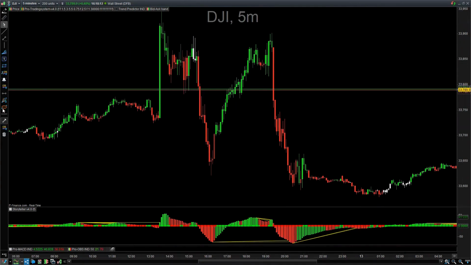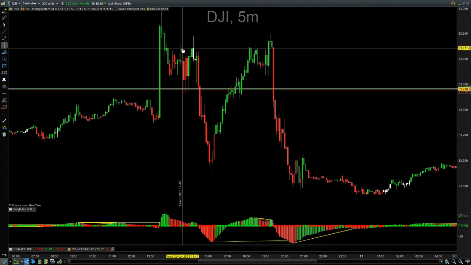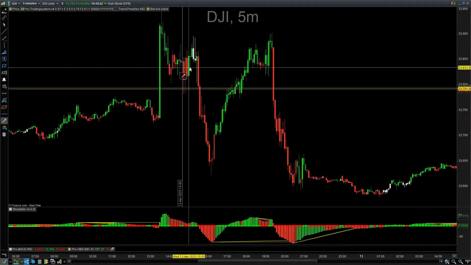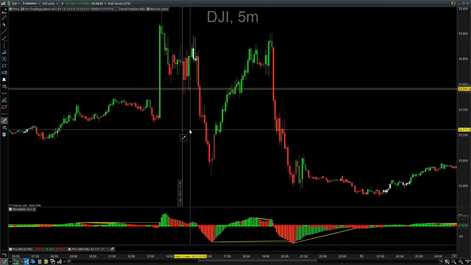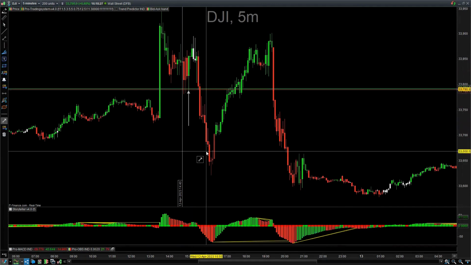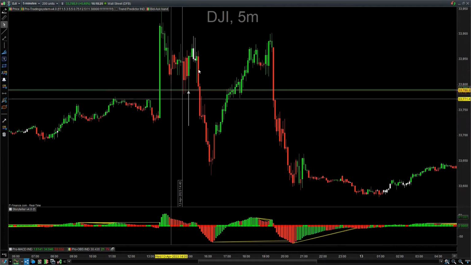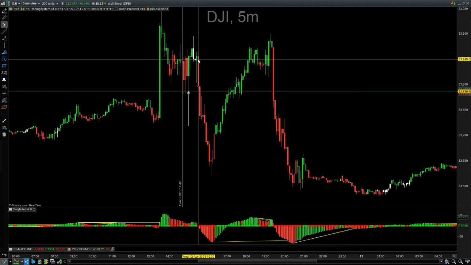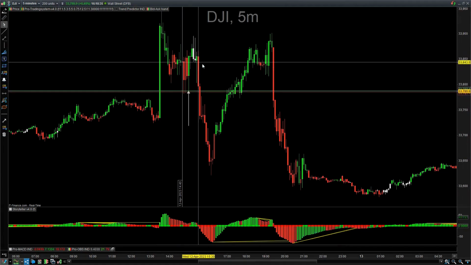I'm going to mark with the horizontal line again just where the open is, just there on this line here. I actually would have definitely taken this one here, that candle, and unfortunately that would have been a losing trade.